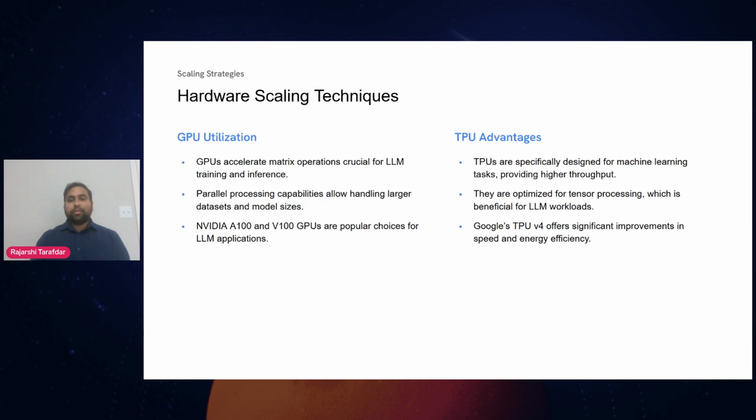And Google's TPU offers energy efficiency and speed as advantages. And these are the primary two things, GPU and TPU, for the hardware scaling.